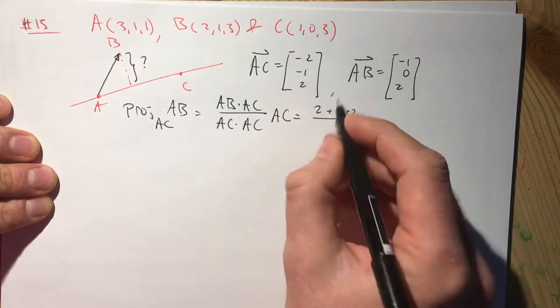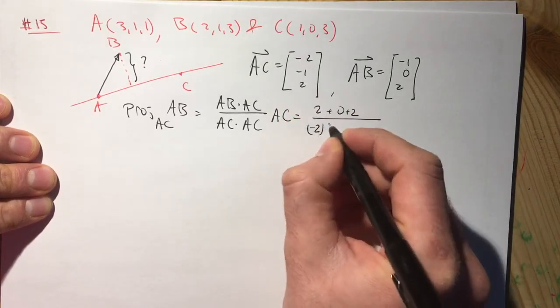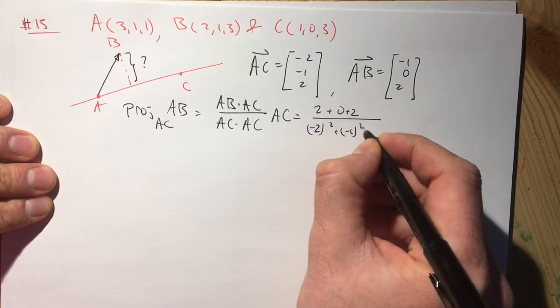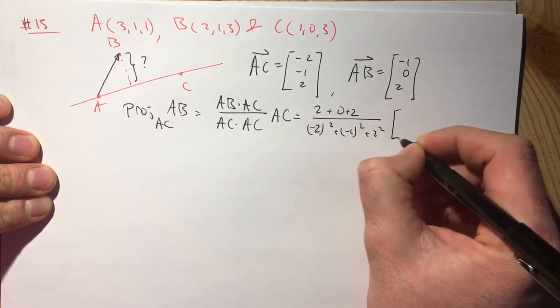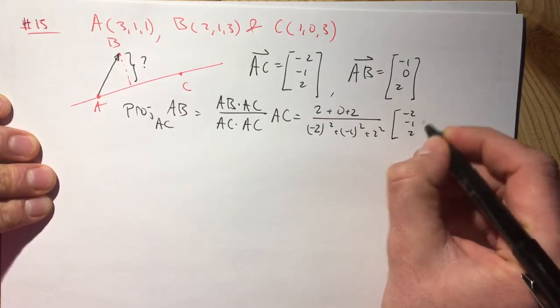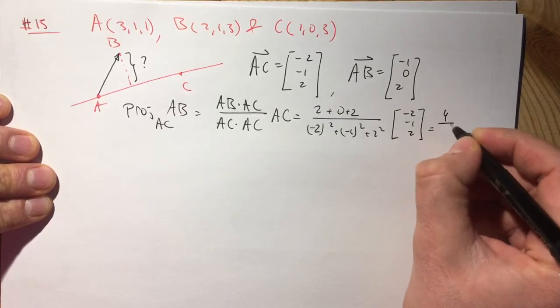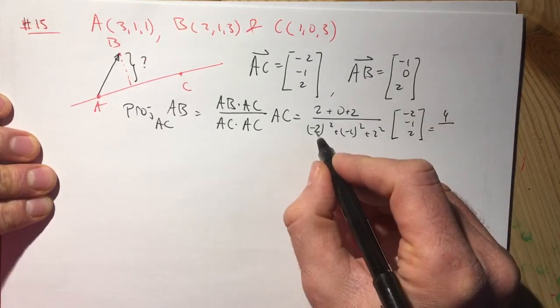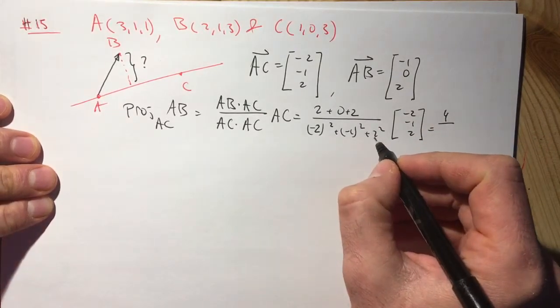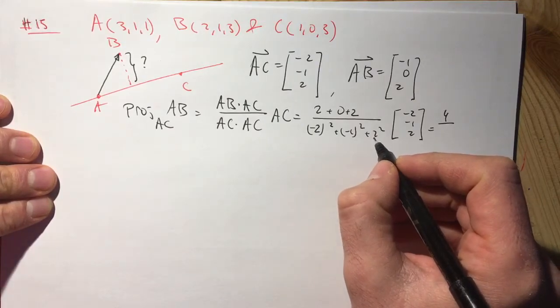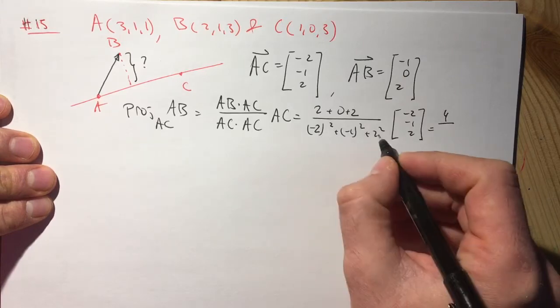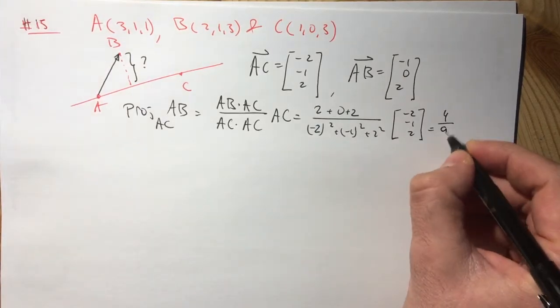So that's negative 2 squared plus negative 1 squared plus 2 squared times the vector AC, negative 2, negative 1, 2, giving us 4 over 4 plus 4 is 8 plus 1 is 9.